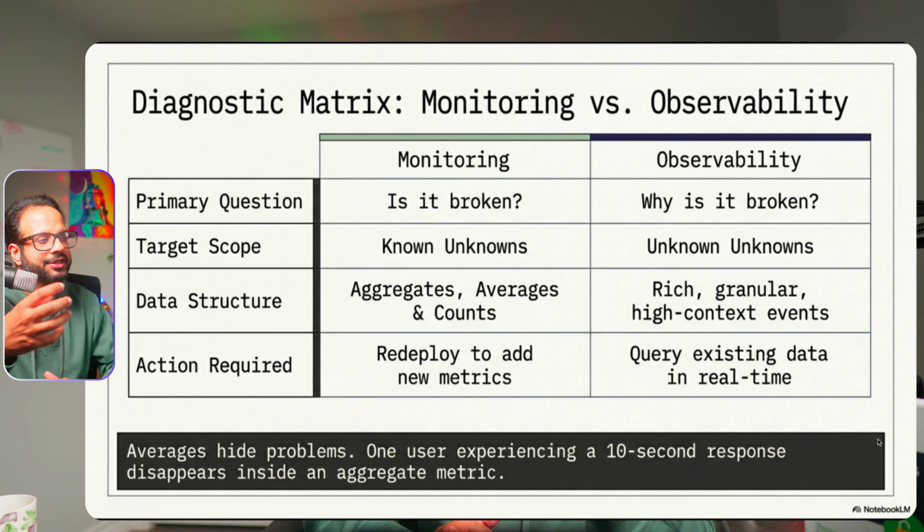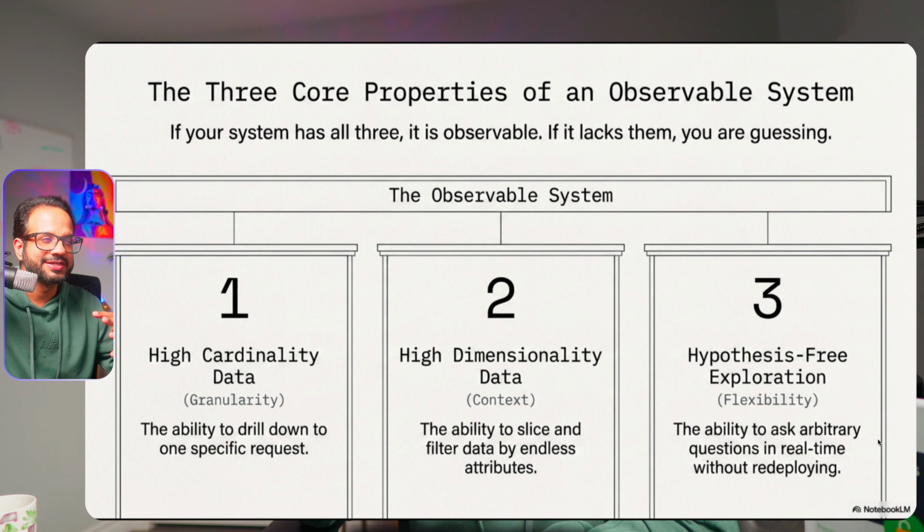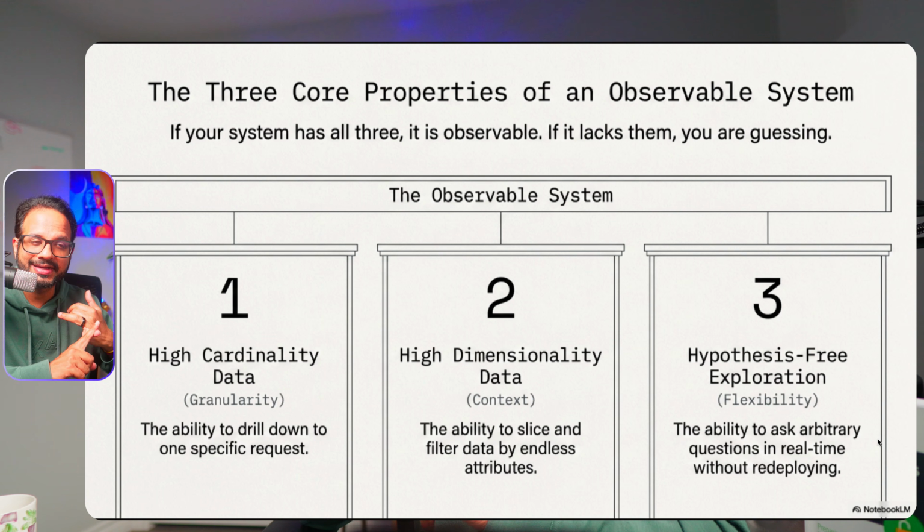But in observability, you query the existing data in real time. You don't have to redeploy anything. Now, there are three core properties of an observable system. If your system has all three, that means it is observable. If it lacks them, you are just guessing, you are just making assumptions. So the first is high cardinality data, that means the ability to drill down to one specific request.